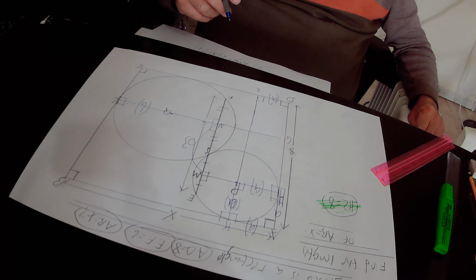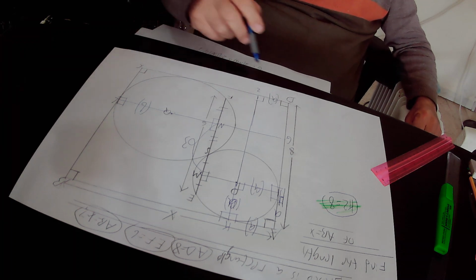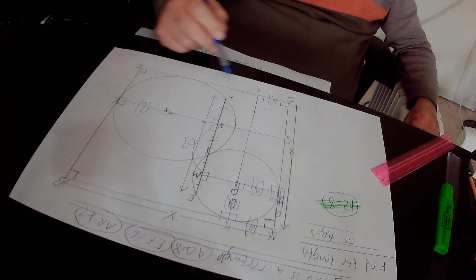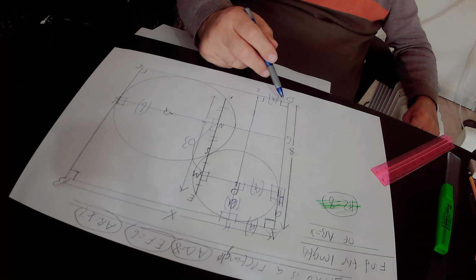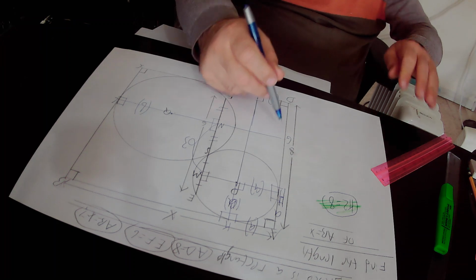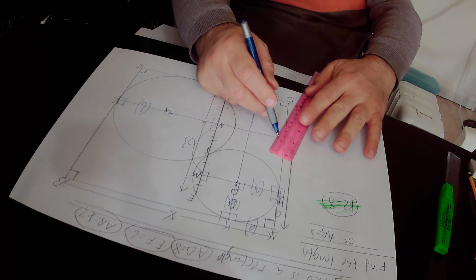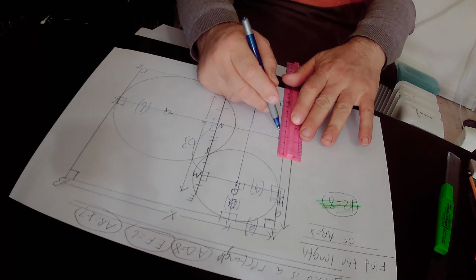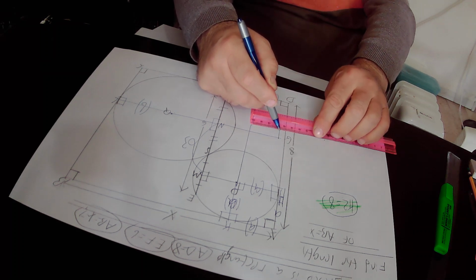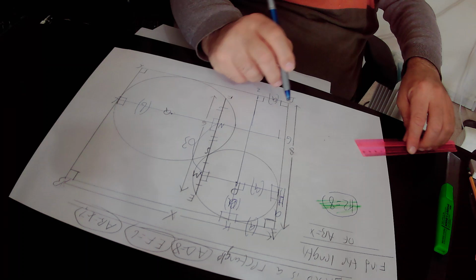Inside this quadrilateral GLCD, we have 1, 2, 3 right angles. Therefore, the fourth angle must also be equal to 90 degrees according to the rule that the sum of the angles in any quadrilateral is equal to 360 degrees.